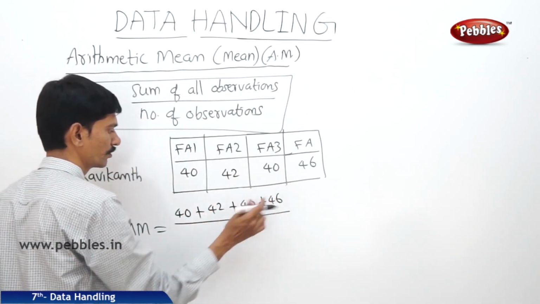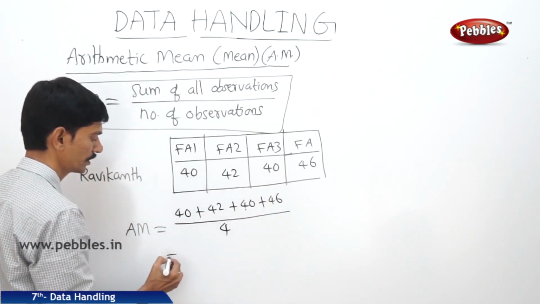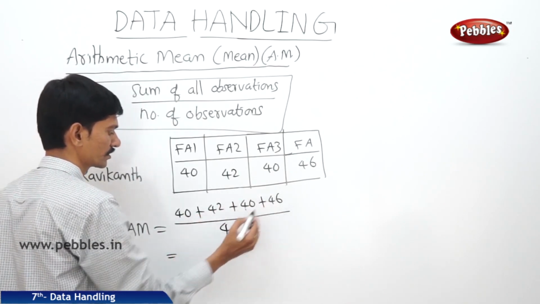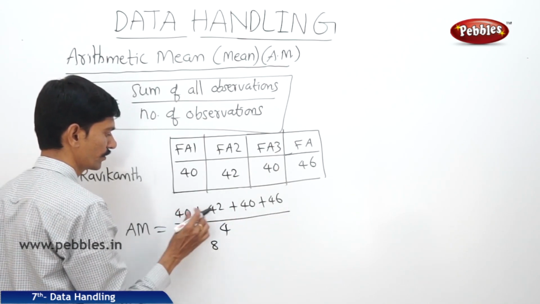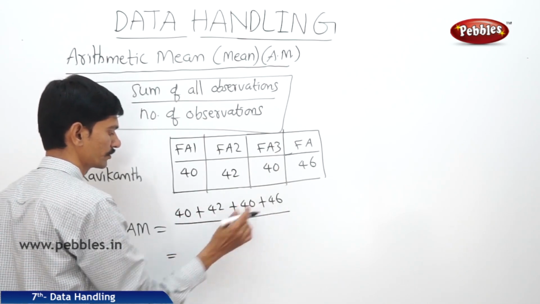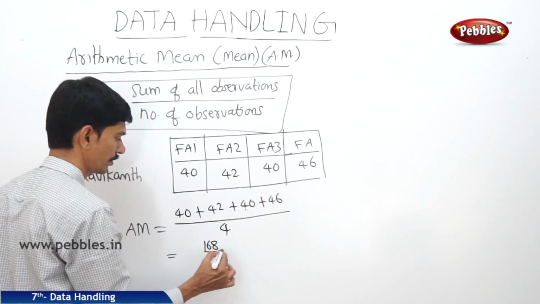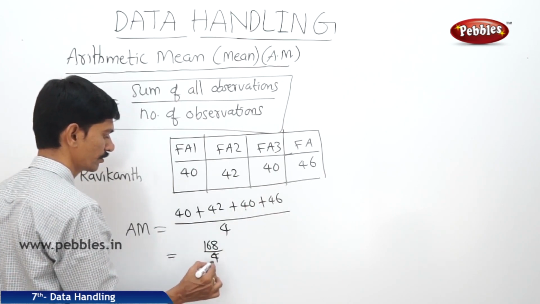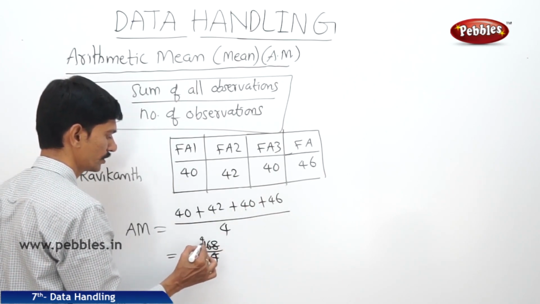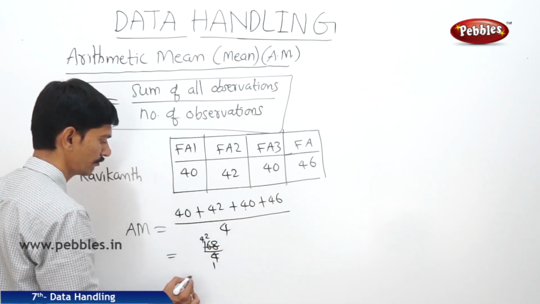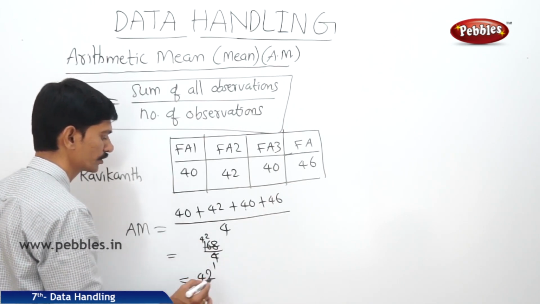Then we get 2 plus 6, 8, 4 plus 4, 8, 8 plus 4, 12, 12 plus 4, 16, by 4. So this equals 4 1s are 4, 4 4s are 16, 4 2s are 8. So on average he has got 42 marks.